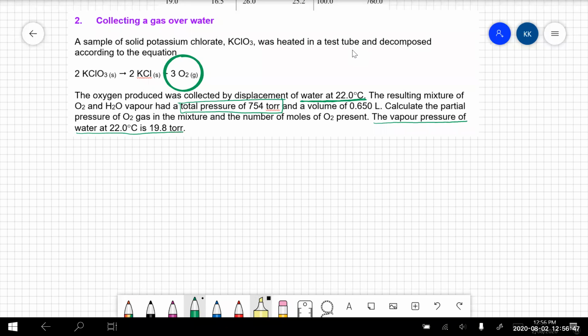We need to calculate the number of moles of oxygen. So that's what we're aiming to do. How do we go about that? Well, for a gas, if we're looking for a number of moles of a gas and we're not at STP or SLC, then that means we're going to be using the ideal gas law.